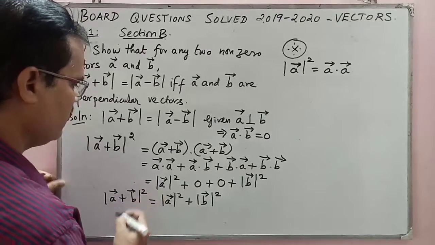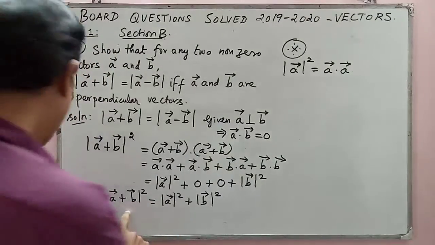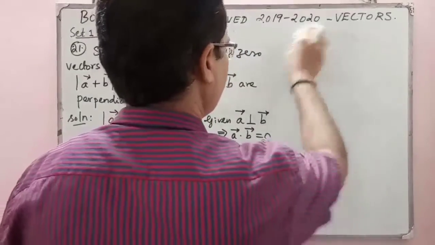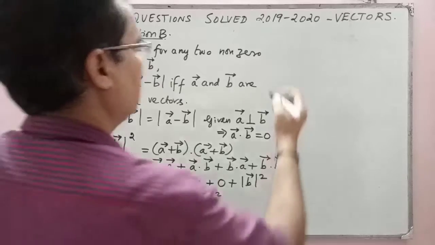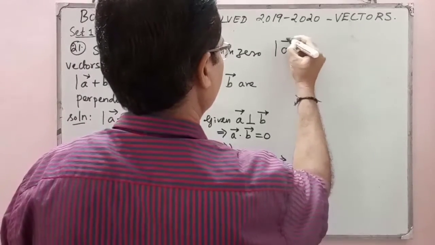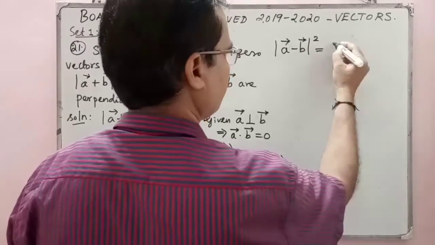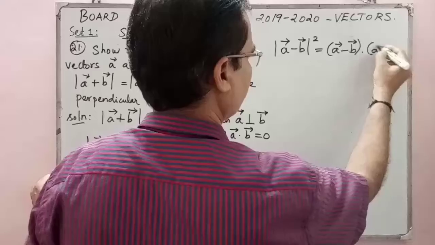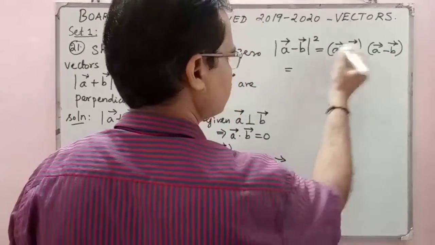Similarly, you have to do A vector minus B vector. Now modulus of A vector minus B vector the whole squared equals, using that same formula, A vector minus B vector dot A vector minus B vector. Now we do the multiplication.